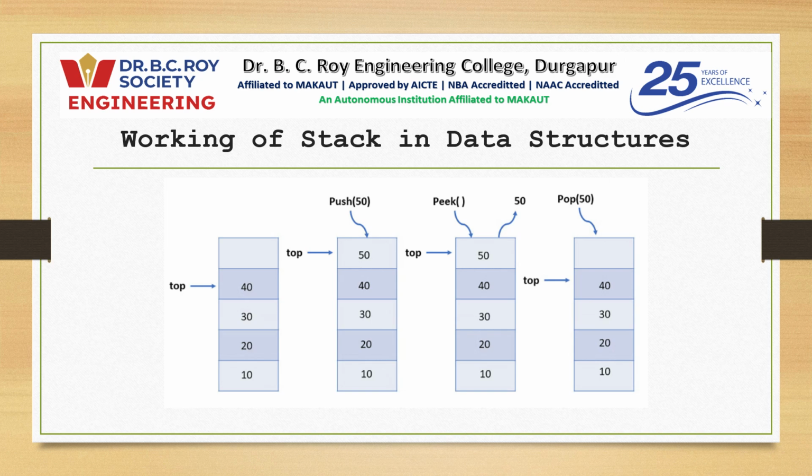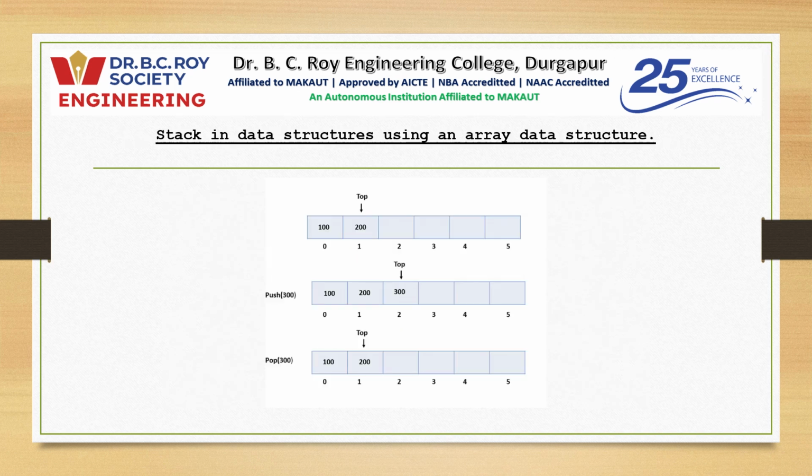Okay, so after working on the representation of the stack of the data structure, you can easily understand the basic functions, that is push and pop function, and also the peek function that is performed on the stack in case of a data structure.